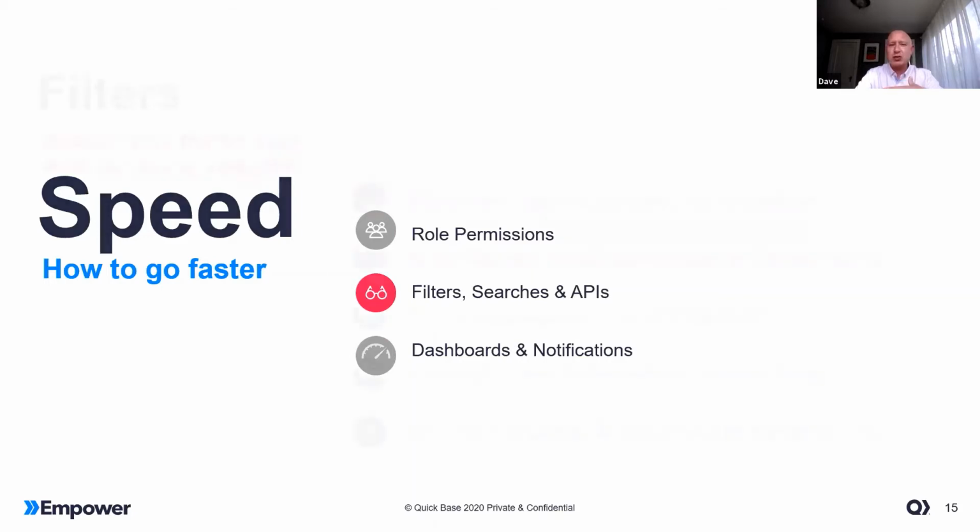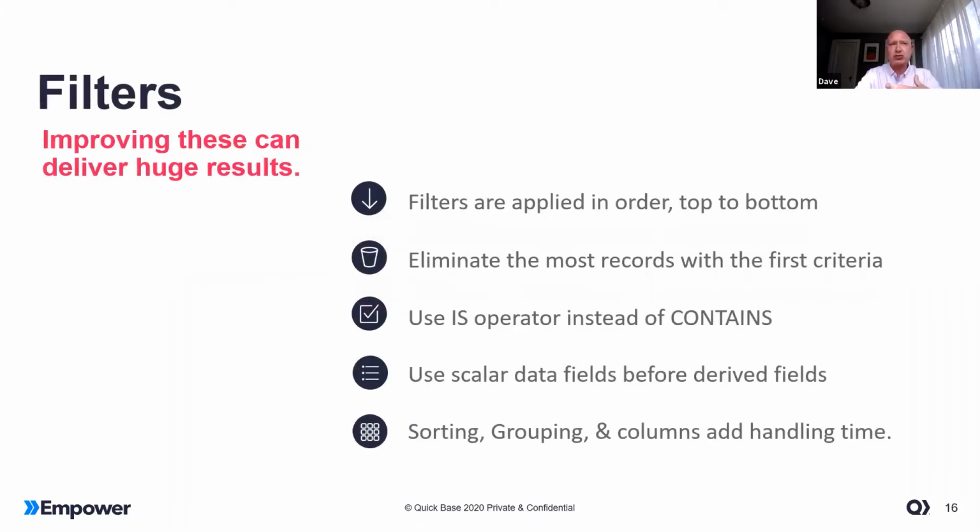So as I alluded to with permissions, filters are another really important part of how to get the most performance out of your QuickBase applications. Again, if you're building a report in QuickBase and you want to narrow down the records in a data table to just a certain set of data that's important to you, you're going to have to apply some filters.